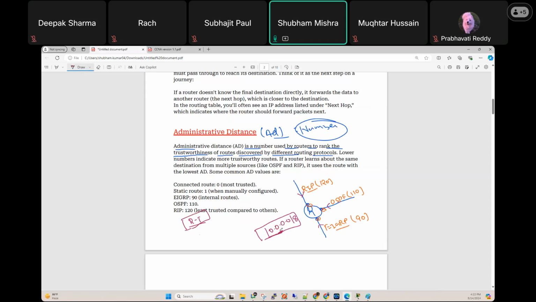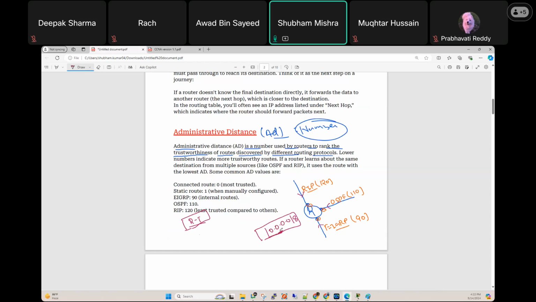Whenever you assign any IP address on a router, or the router learns any prefix information, the router stores that prefix information where? In its routing table. You know, everyone?